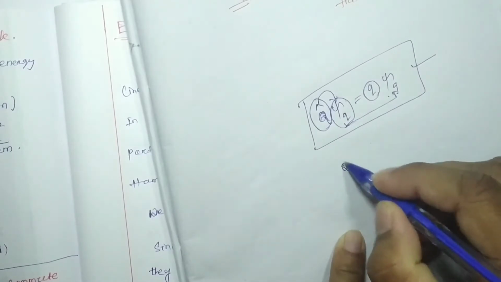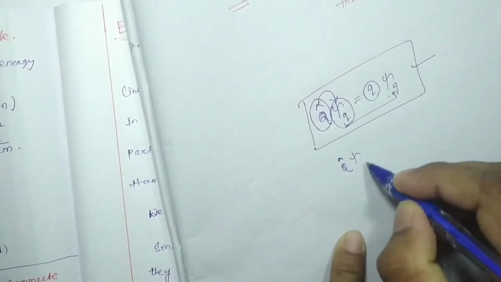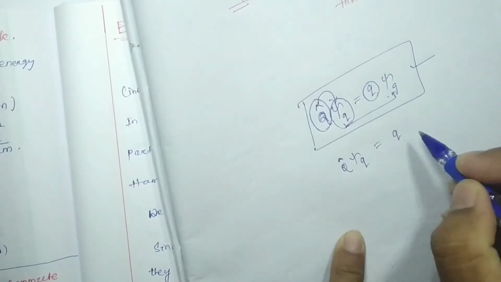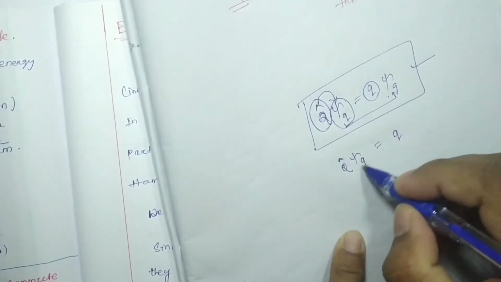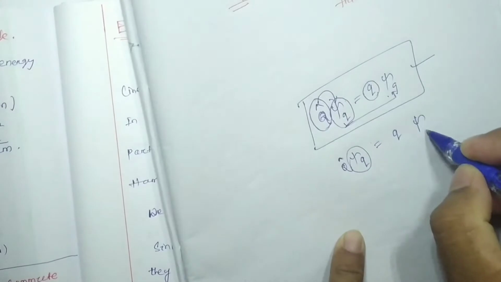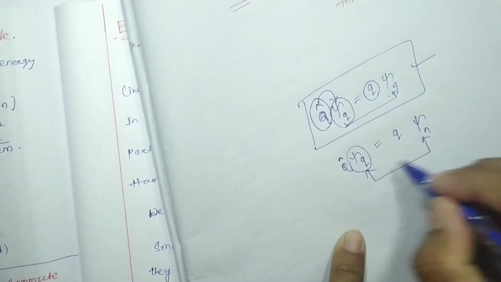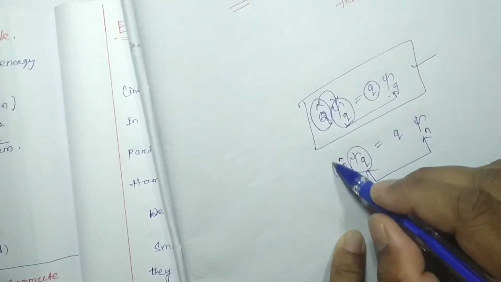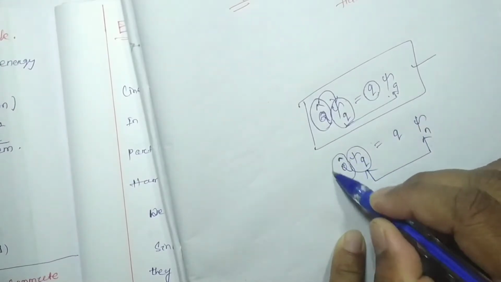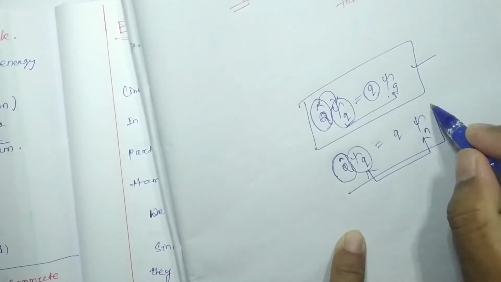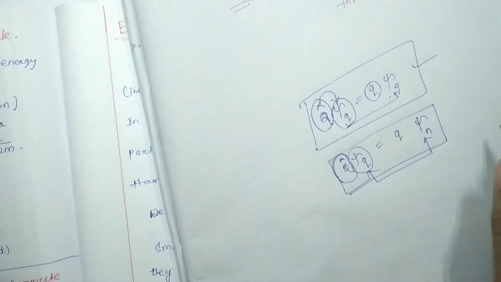Suppose Q cap operates over psi q and gives some constant value, but the function is changed to, suppose, psi n. Here these two wave functions are not the same after being operated on by this operator, so this equation could not be called an eigenvalue equation.